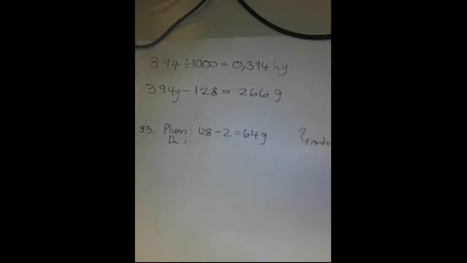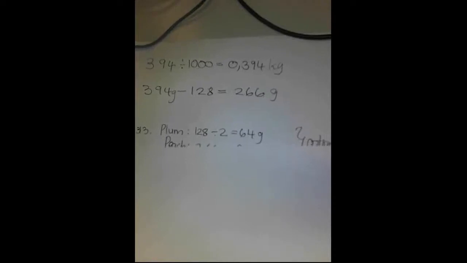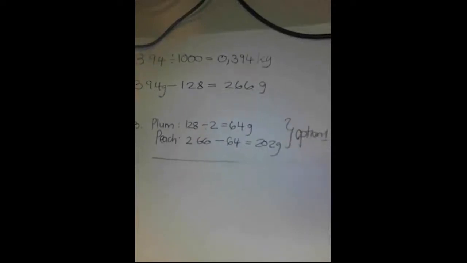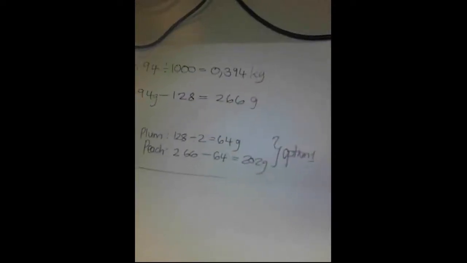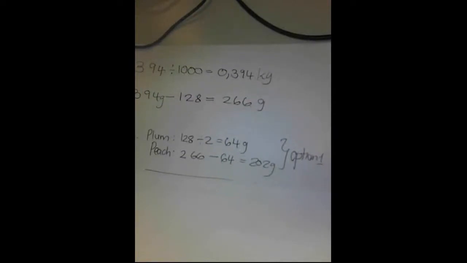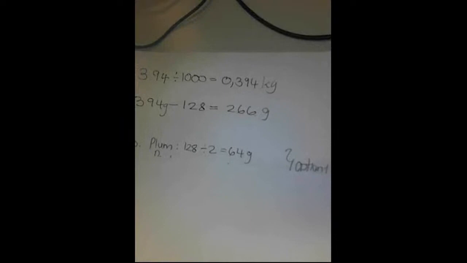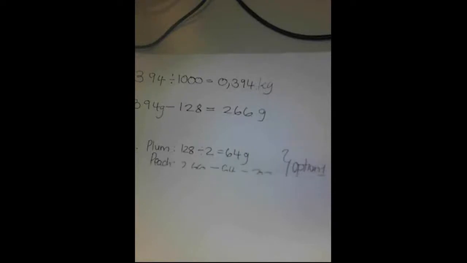You have your 3 marks here. They say, show how the mass of 202 grams for the peach was calculated. Okay, I've done 2 options here. My first option, I said the plum. Let's look at the plum. The plum is half of the pear. So the plum is 128 grams divided by 2, which gives me 64 grams.